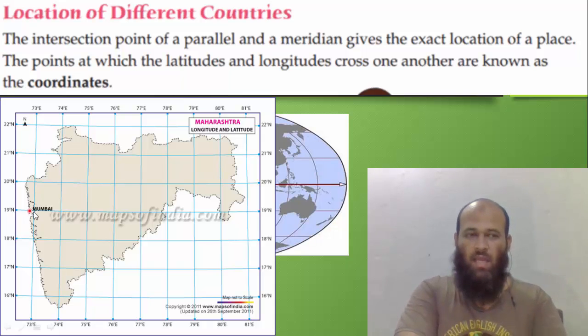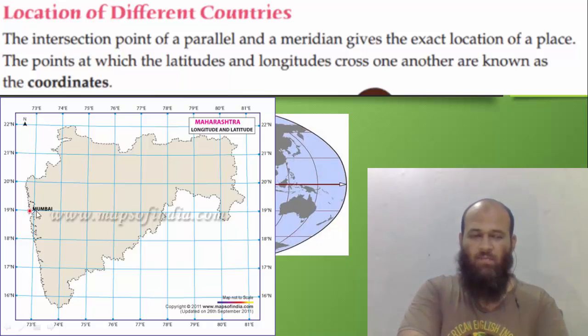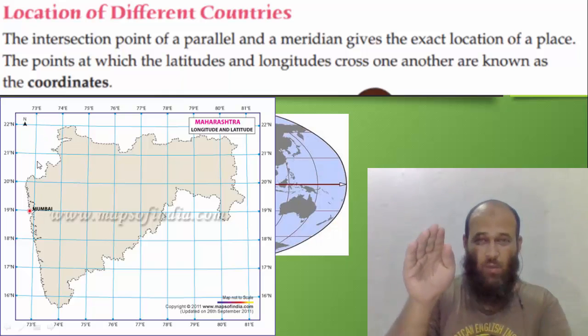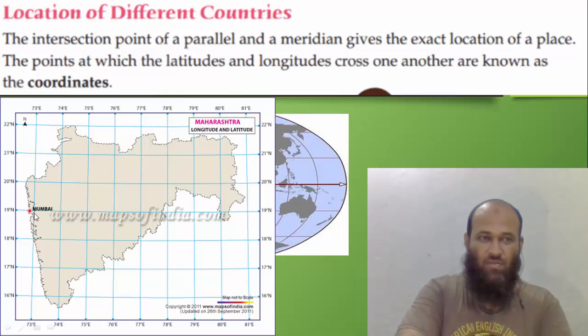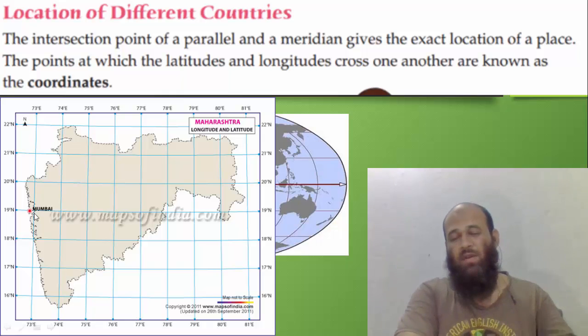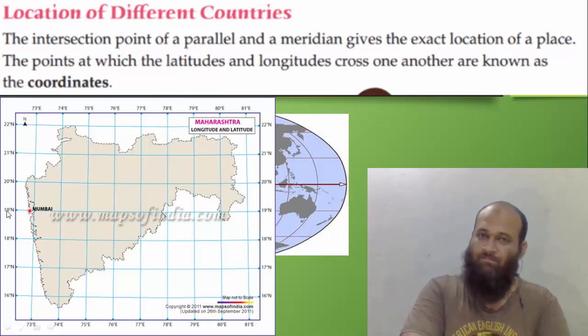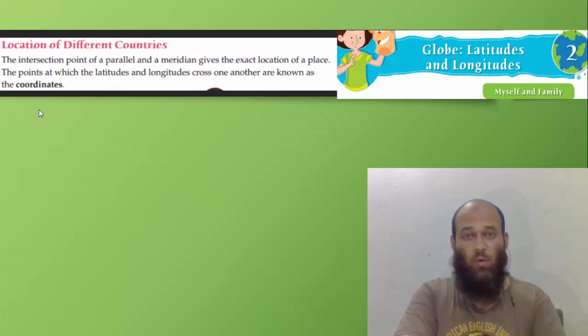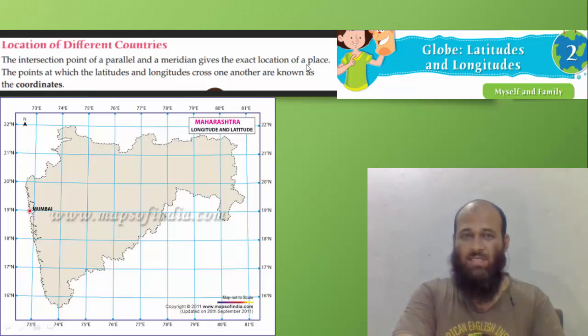Maharashtra, and specifically Mumbai, is at 19 degrees north of the equator, and 73 degrees east of the prime meridian. It becomes easier. 19 degrees north, 73 degrees east. Find it on the Google map. So the intersection point of a parallel and a meridian gives the exact location, as you have seen earlier.